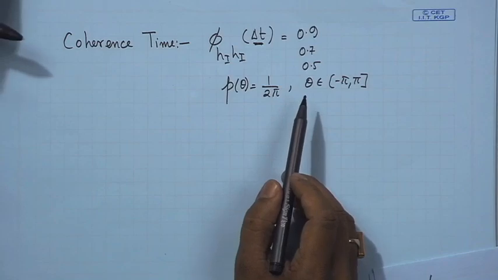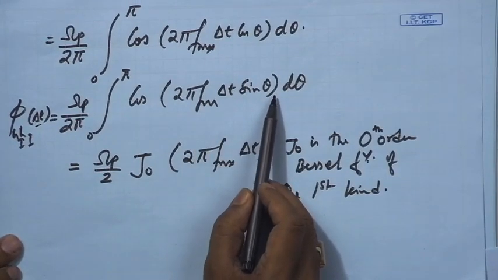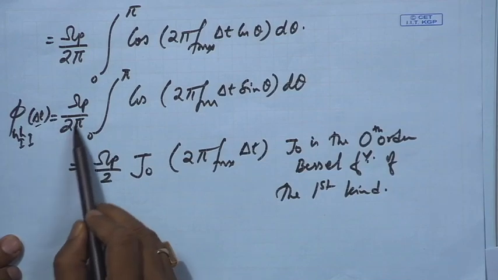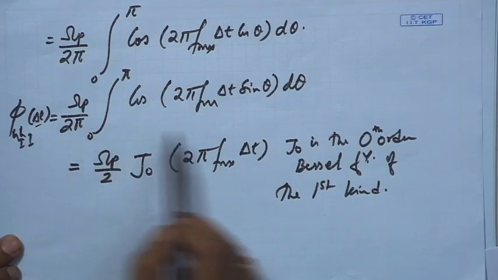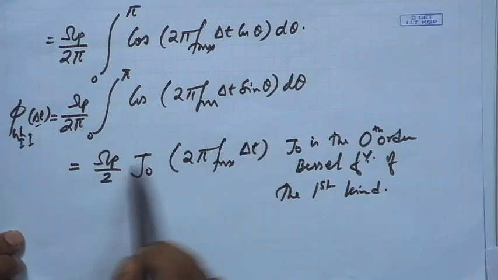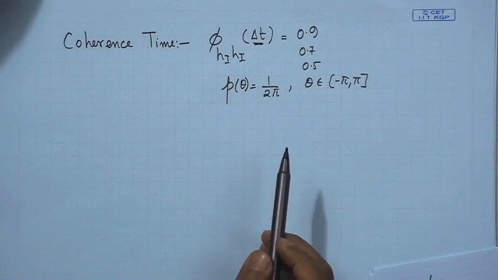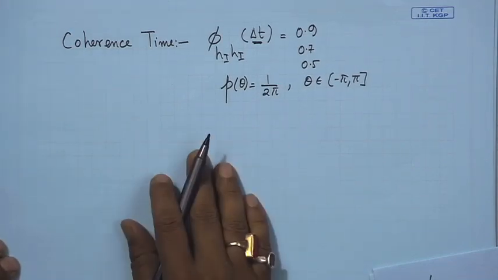In this particular derivation there was g theta p theta, and p theta was made 1 by 2 pi, because of which we got this 1 by 2 pi over here, and we made g theta equal to 1, for which we arrived at this expression. If we change those assumptions, these results would be different. So, whatever we are discussing is with respect to these particular assumptions. Any other assumptions would lead to a different result.